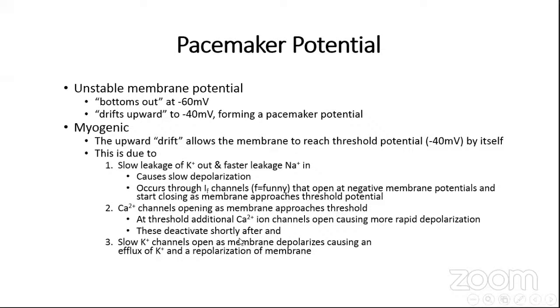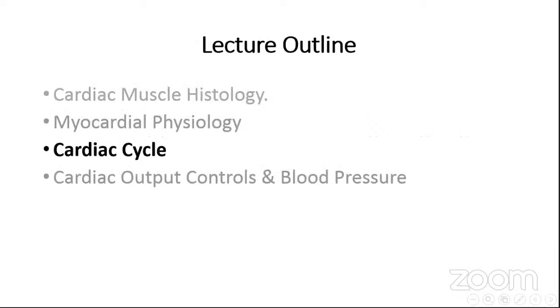The other type of calcium channel, the L-type, will open at the threshold and cause more rapid depolarization. Then it closes and the slow potassium channels open, causing a flux of potassium and repolarization of the membrane. The orderly process we have discussed, depolarization, triggers the recurring cardiac cycle of atrial and ventricular contraction.